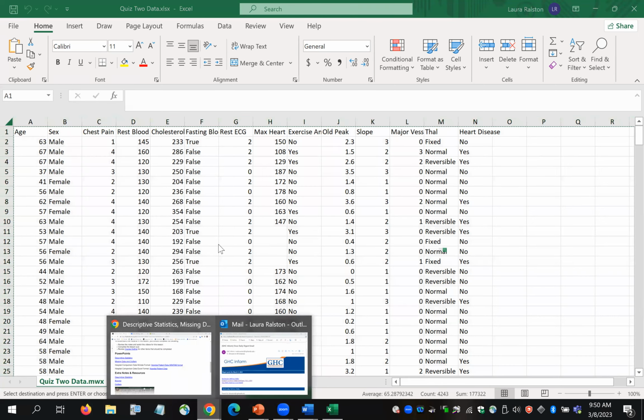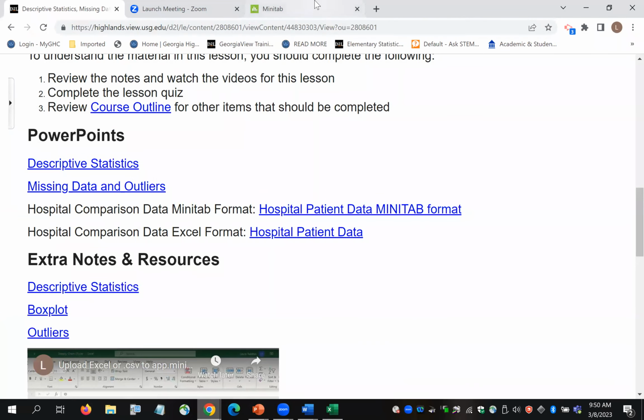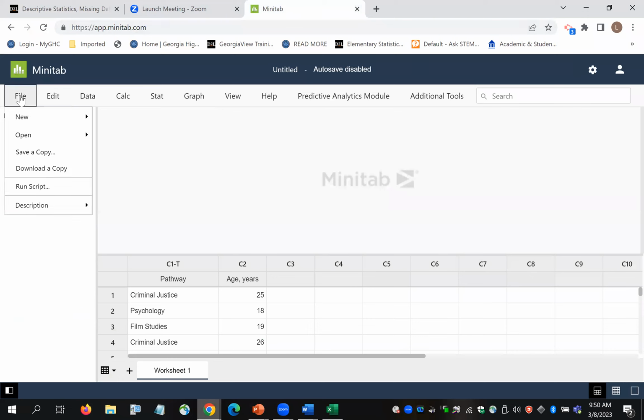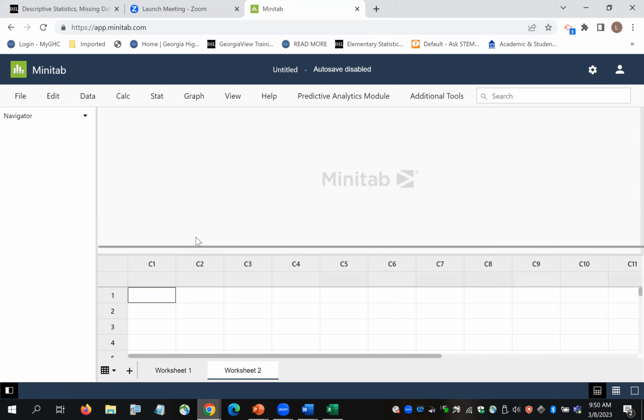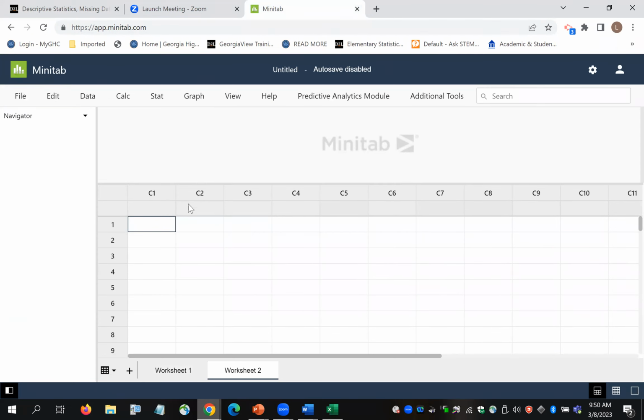Then I'm going to go back to Minitab, and I'm going to get a new worksheet. This is also very important. Before you paste it, you want to put your mouse in that little gray area under C1. That's where you want your mouse to be. And then I'm going to right click and tell it to paste.